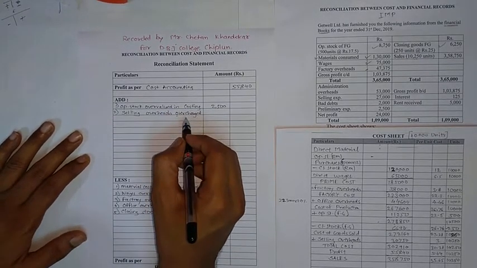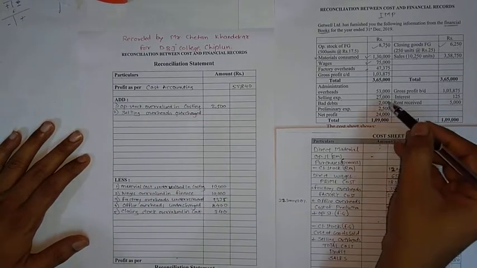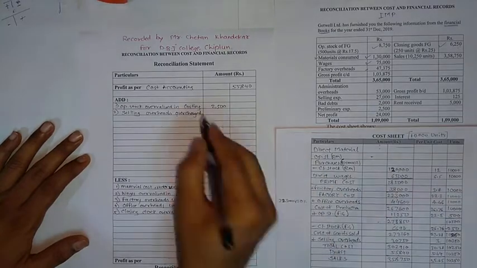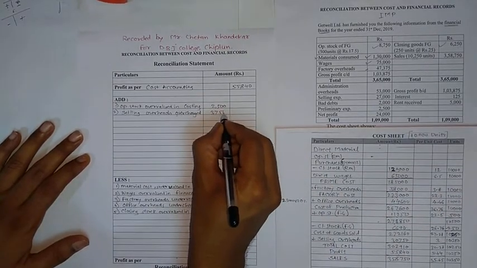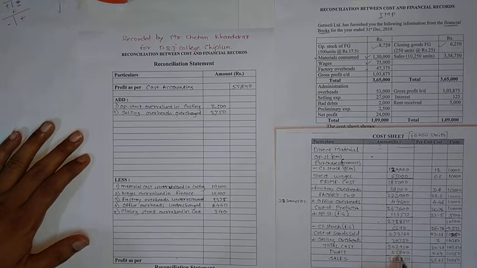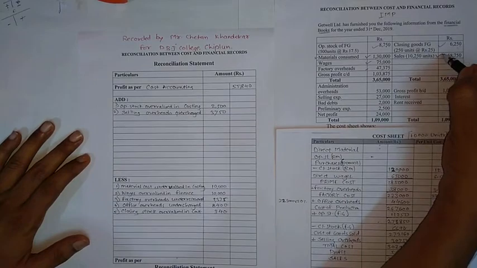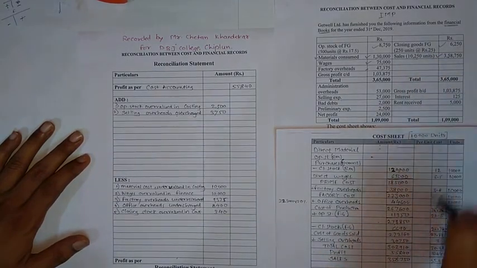Overcharged means excess in costing. Difference of 30,750 and 27,000 is 3,750. Okay, next will be profit and sales. Profit is already considered here. Sales are 3,58,750 in both. So there is no difference due to sales.